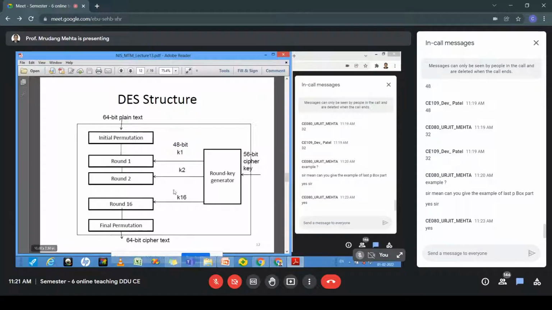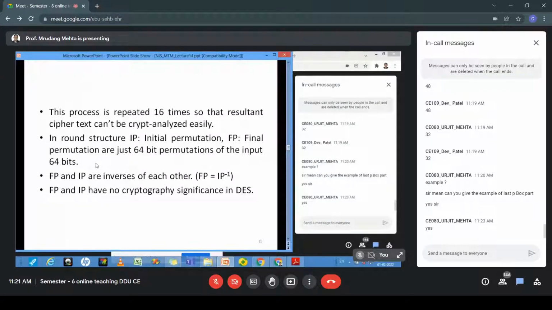So it appears to be a very complex task, so it cannot be easily decrypted. If you don't know all these 16 keys, then it is very difficult. That is the goal that was set at that time.